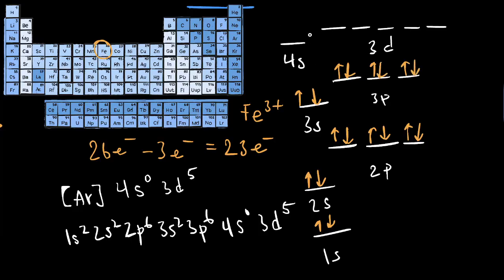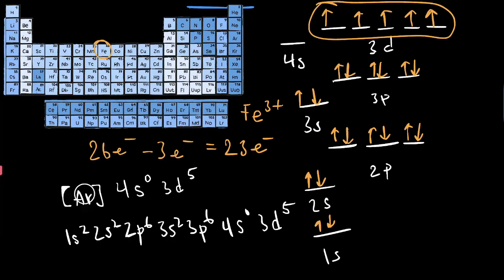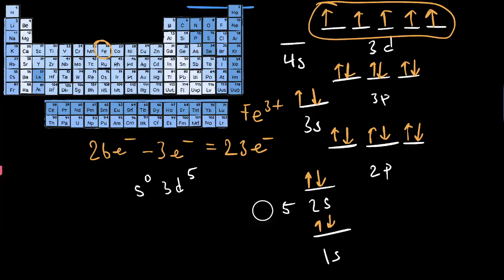Again, there's nothing in the 4s. 19, 20, 21, 22, 23. And that gives us 23, and we can see that while all of these are paired, we do have 5 electrons here that are unpaired. And so, because we have unpaired electrons here, that tells us that our iron 3+ ion is highly paramagnetic.